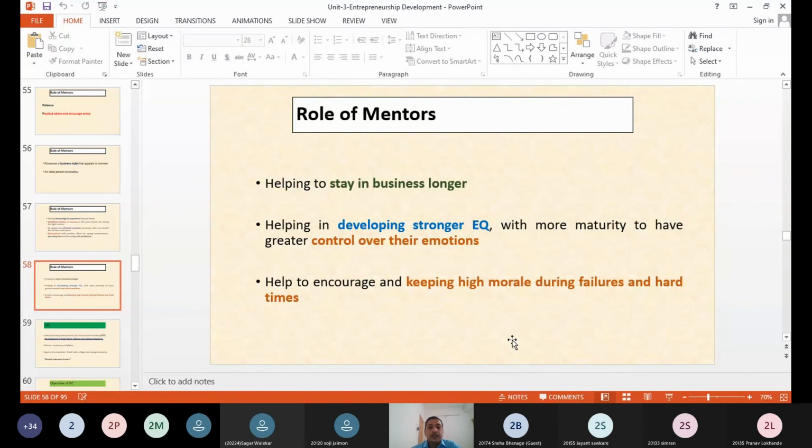It also helps to encourage and keep high morale during failures and hard times. It is very important while setting up any business. There may be failures many times, and therefore, to avoid that frustration, to avoid that demotivation, and keeping the morale high, these mentors are very important for their motivation and to sustain the business for a longer period.